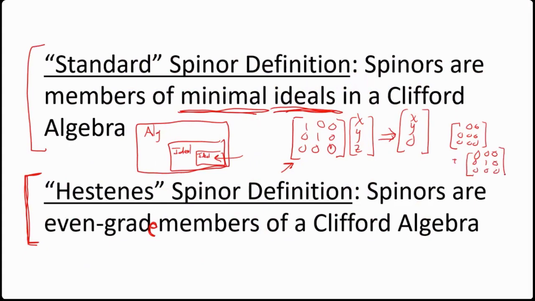So basically, a minimal ideal means you need a minimal projector that cannot be written as a sum of two projectors. So I think this projector is minimal, which is this matrix here, because you can't write it as a sum of two projectors. And those give you the minimal ideals.